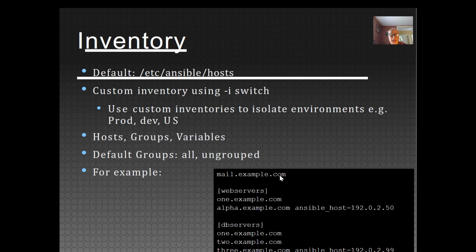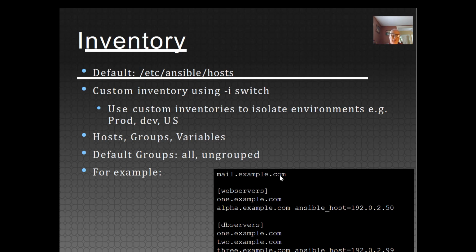One is 1.example.com, and the other one is alpha.example.com. The alpha host also has an IP address. So you can include IP addresses in here, or you can use host names, or whatever you want to do, and Ansible will work with whatever you give it.